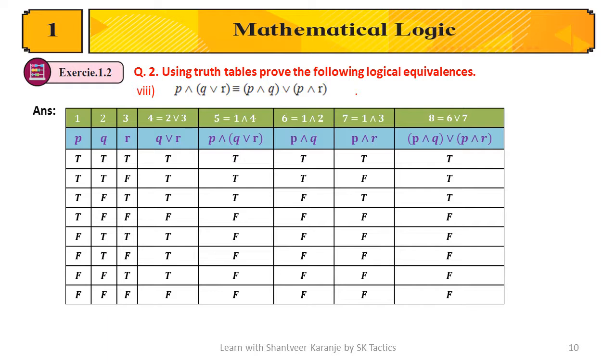So column number 5 and column number 8 give us the final answer of this question. So from column number 5 and 8 prove the logical equivalence. While assessing papers, the paper assessor observes what you wrote in column number 5 and column number 8. So we move ahead.